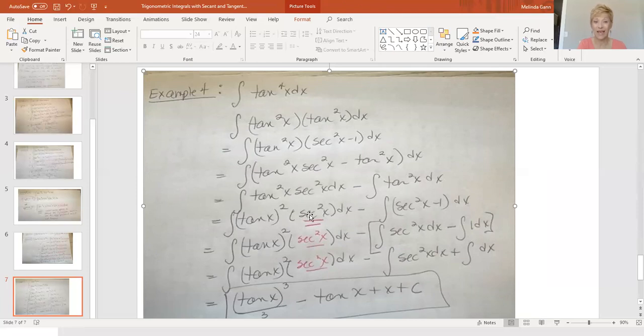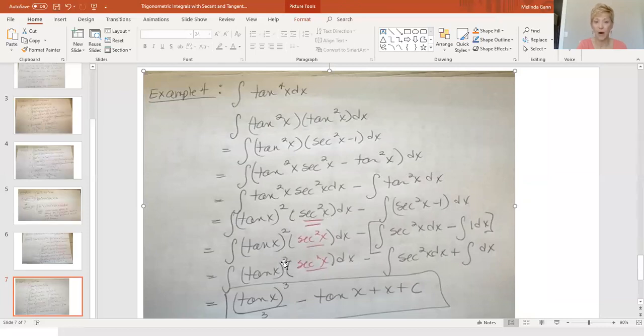I saved a secant squared and turned everything else into tangents, but everything else already was tangents. So I've already got something to a power, and I've got the derivative of the inside next to it. Because remember, what's the derivative of my angle x? It's 1. So this one's already workable.